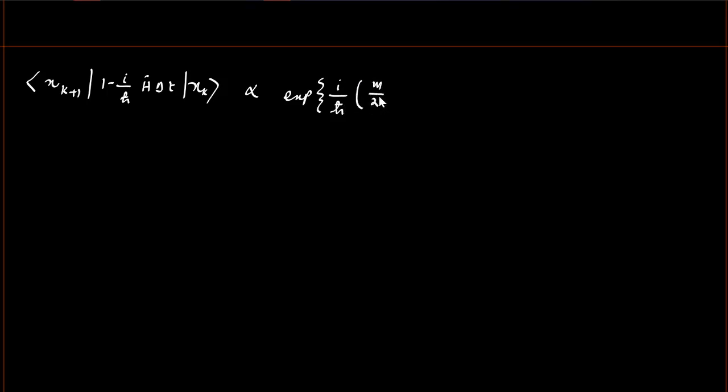So we had x_k plus 1 minus i by h cross Hamiltonian delta t x_k, which is directly proportional to, by solving that integration, we'll get exponential i by h cross, m by 2, delta x_k square divided by delta t square, minus this potential term V of x_k into delta t.